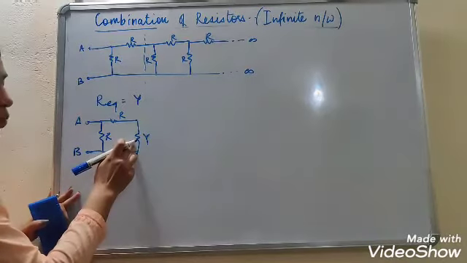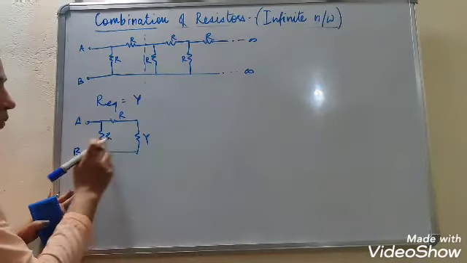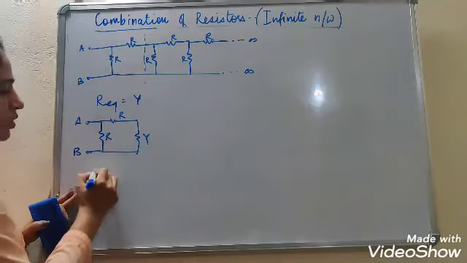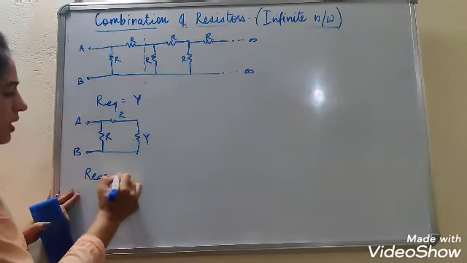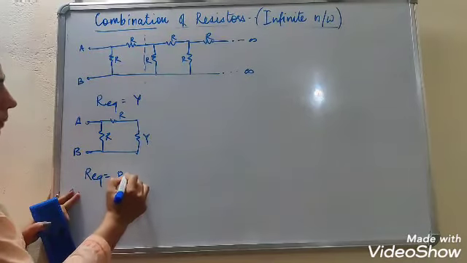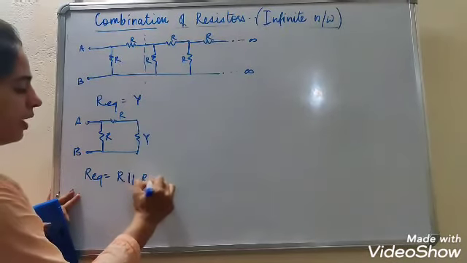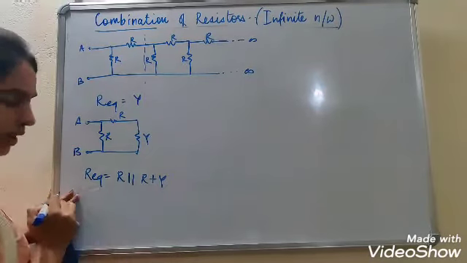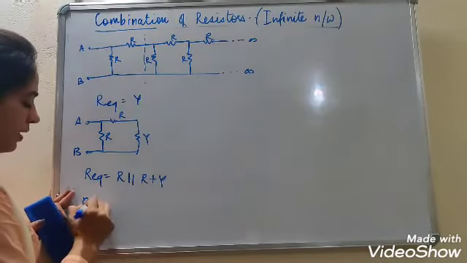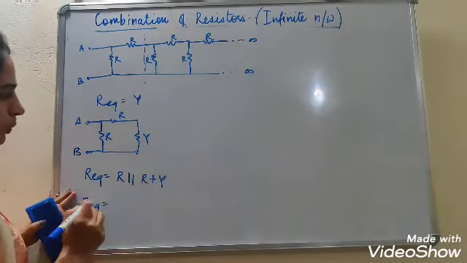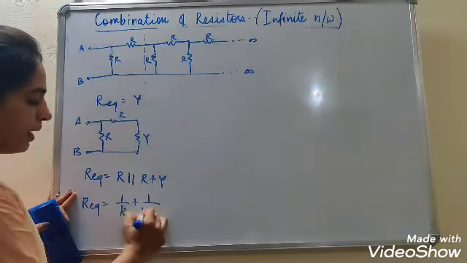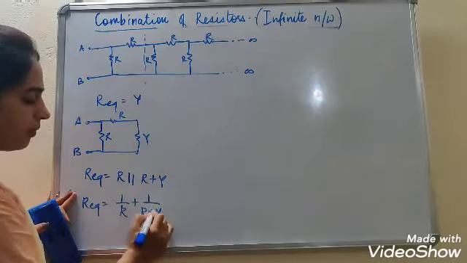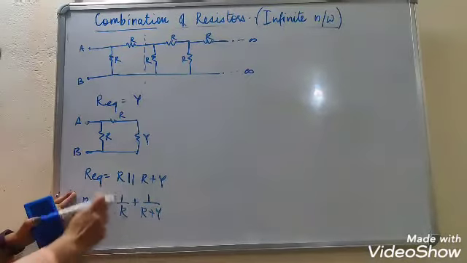Okay. So now you can solve this. Here R and Y are in series and that network is in parallel with R. So we can write R equivalent is R in parallel with R plus Y. Okay. So 1 by R equivalent will be equal to 1 by R plus 1 by R plus Y. Right? Both are in parallel.